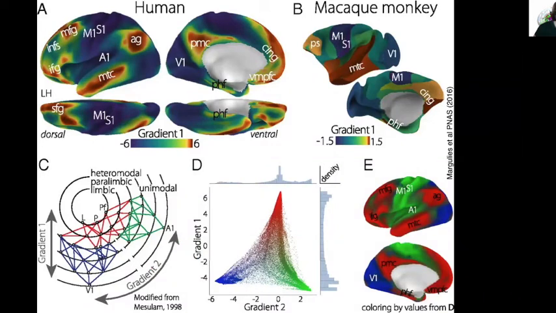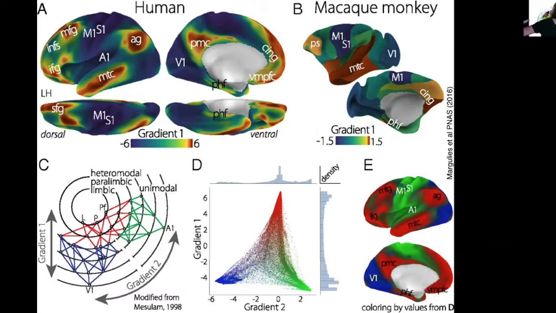Really, these components have been of main interest for Daniel Margulies because they seem to bring together the models that Marcel Mesulam has been describing, whereby primary areas cluster separately and then come together in multimodal conceptual regions, the heteromodal, paralimbic and limbic regions that you can see here.